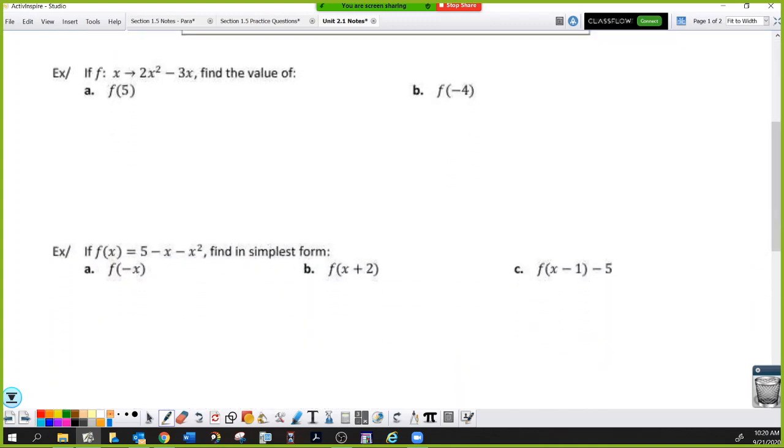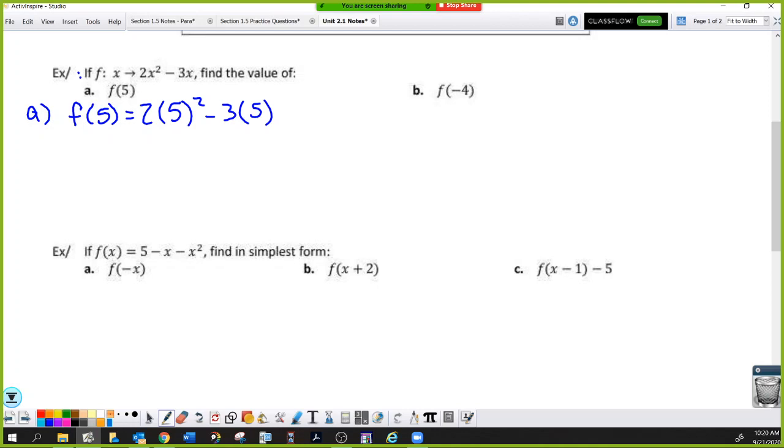So let's start with the really, really easy. We've been told that x maps onto 2x squared minus 3x. That means you plug x's in where it says x squared and where it says x. So if it says find the value of f of 5, showing the work would look like this. f of 5 equals 2 times 5 squared minus 3 times 5.